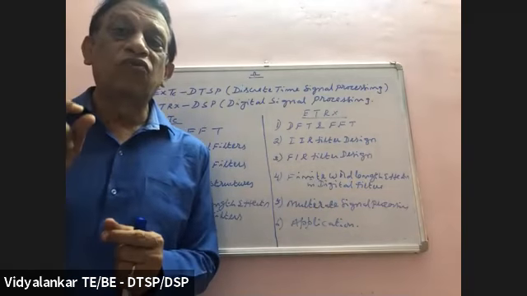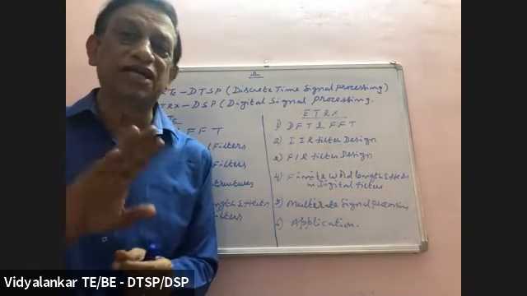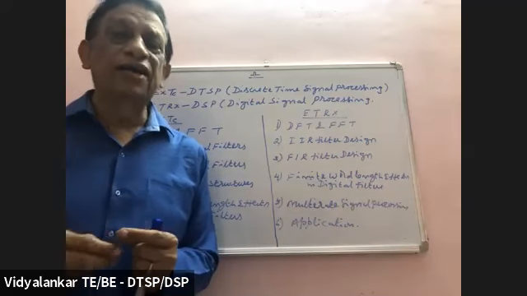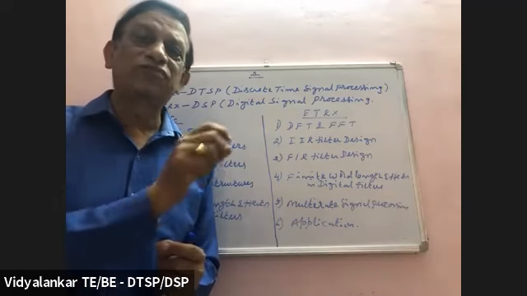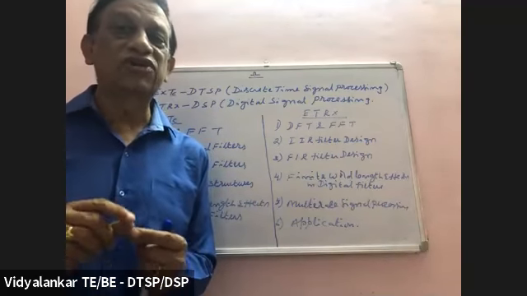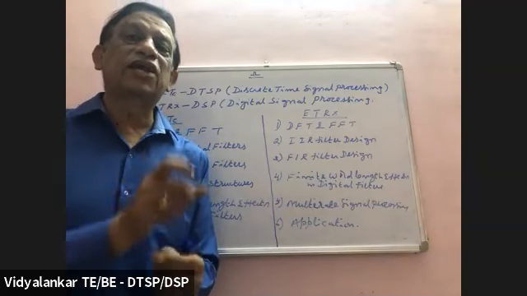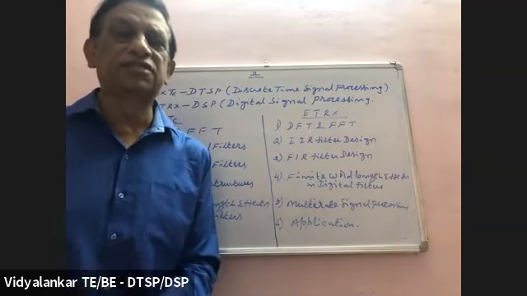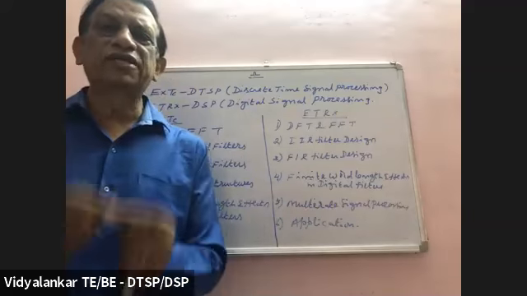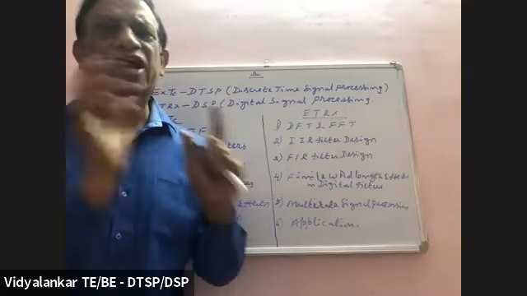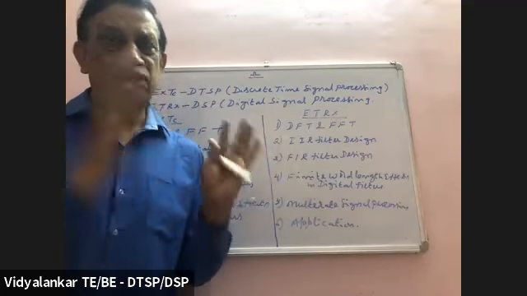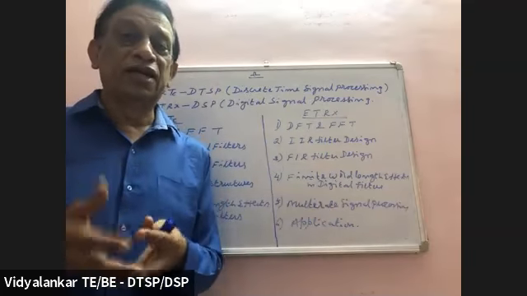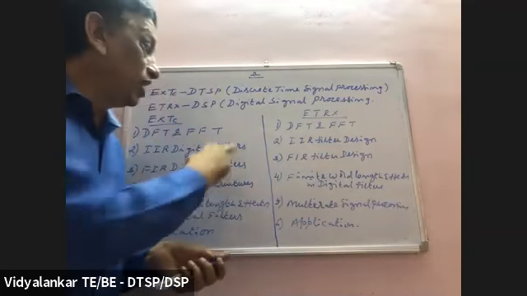FFT is nothing but fast Fourier transform. It is not a separate Fourier transform. It is a fast calculation of DFT. If DFT takes 1 hour, FFT takes only 5 minutes when a huge number of points are there. That fast it will calculate.